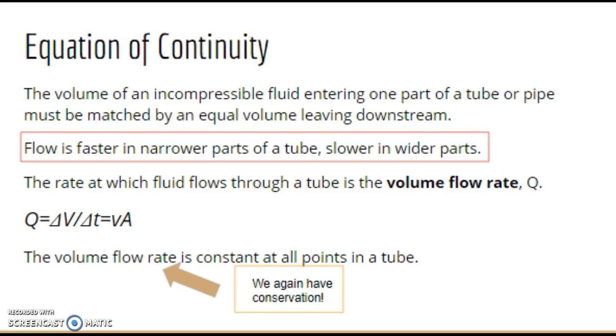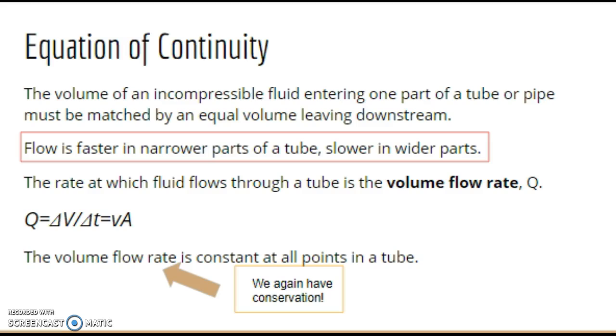I also want to mention we could also write this continuity equation in terms of, you might see this letter Q thrown around here and there. Q is used to symbolize volume flow rate, so we could rewrite this velocity times area as a volume flow rate. Volume flow rate is just delta V over delta T. We can kind of get that expression from the formulas before. Both of these expressions of the volume flow rate are going to be useful.